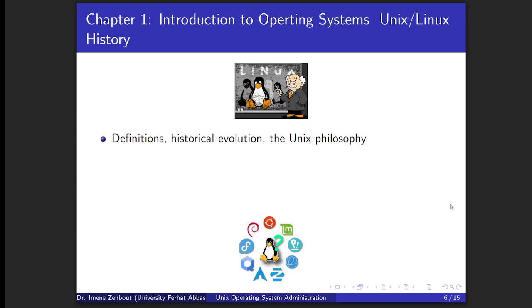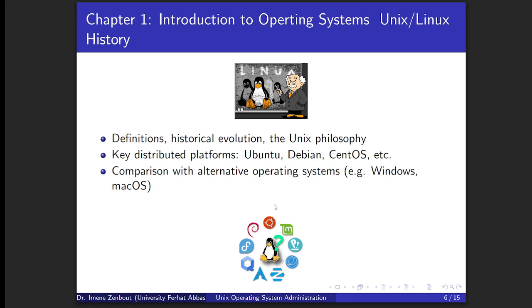The first chapter is mainly an introductory and learning chapter that aims to introduce operating systems and mainly Unix and Linux history, through definitions, the historical evolution, and the philosophy behind Unix systems. We also look at key distributions like Ubuntu, Debian, CentOS, and Fedora, with a small comparison with operating systems like Windows, which is the best known to students.